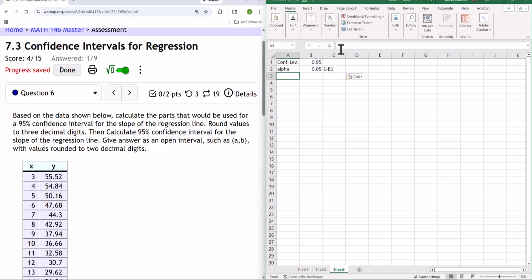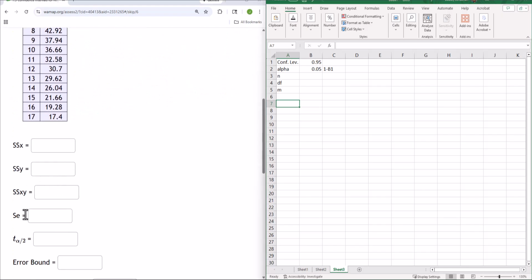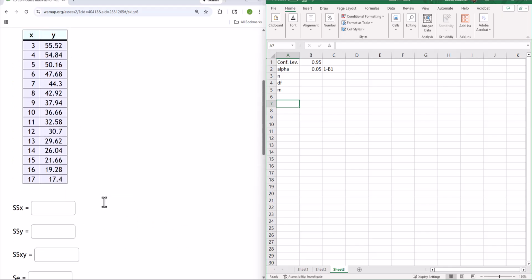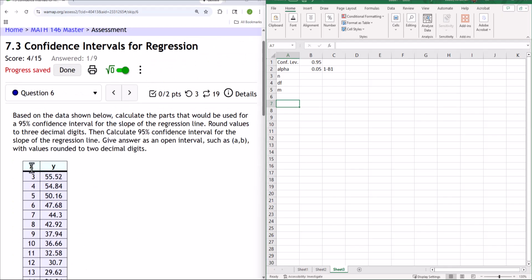And we're going to need to know n and our degrees of freedom, and then also m eventually. We're supposed to round our values to 3 decimal places, and then in the end our confidence interval is going to go to 2 decimal places.